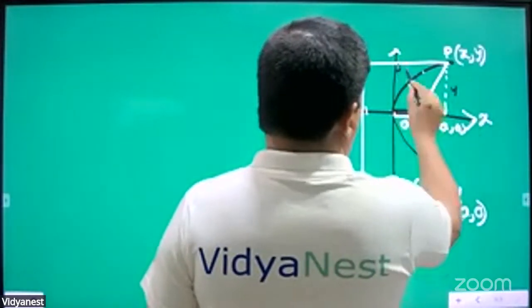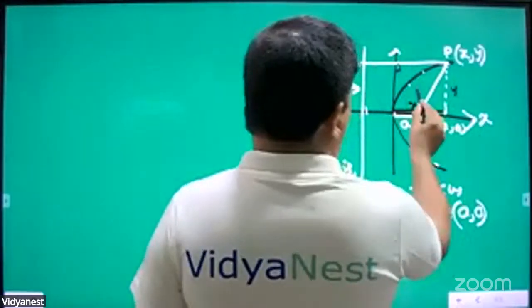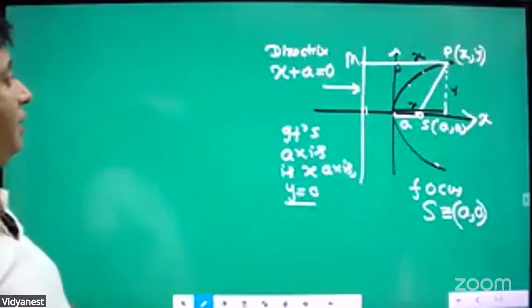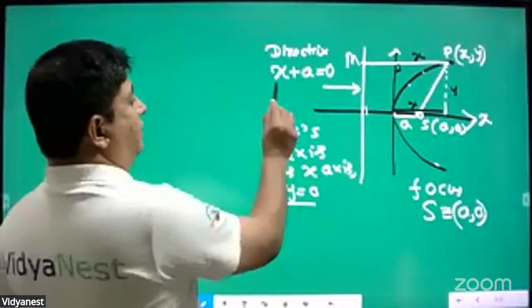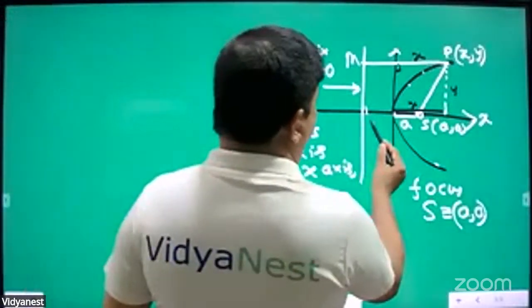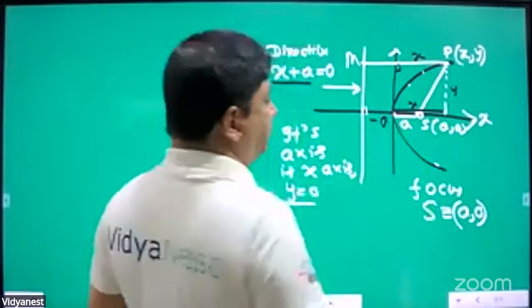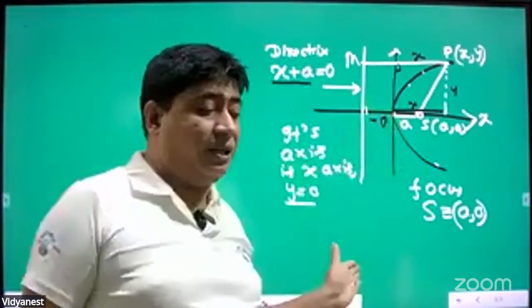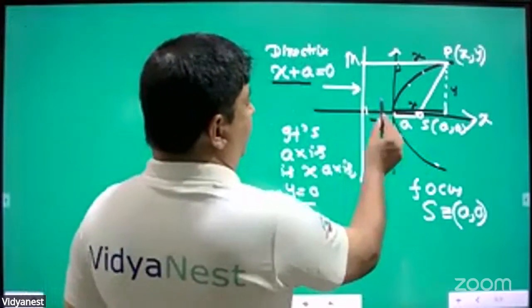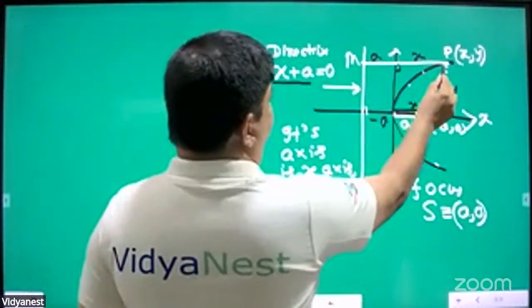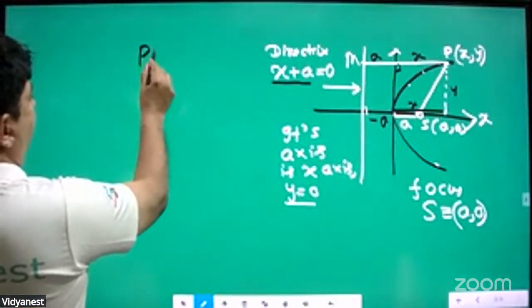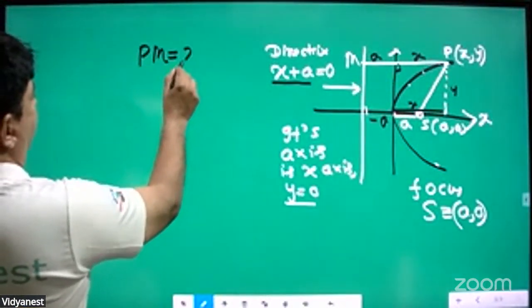If you consider this figure as a rectangle, this is x, means this is also x. And what is the equation of the directrix? x plus a is equal to 0. So this is minus a, minus a by direction, but by magnitude a. So what is the length of PM? By geometry we have come to know PM is x plus a.